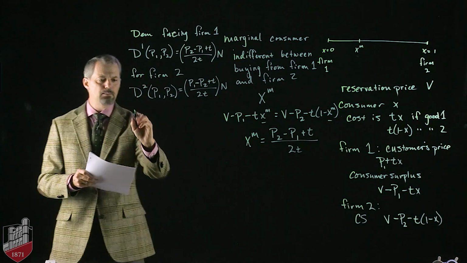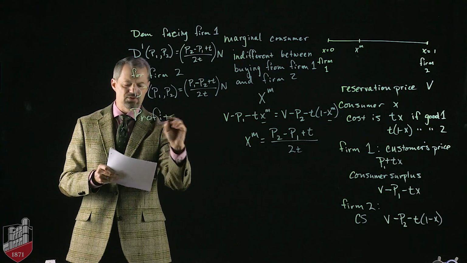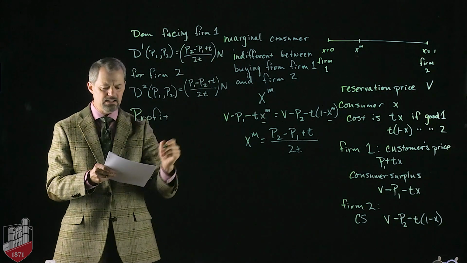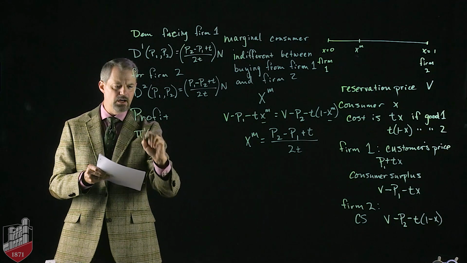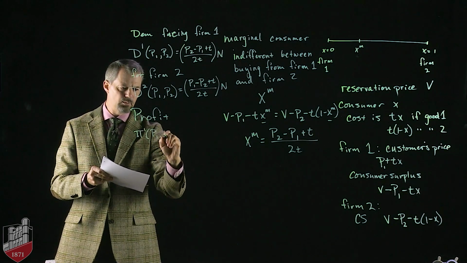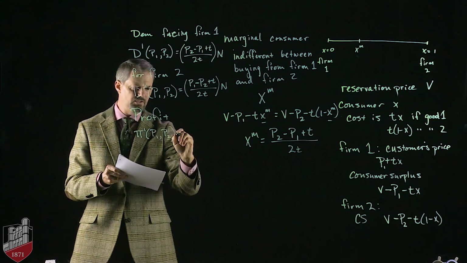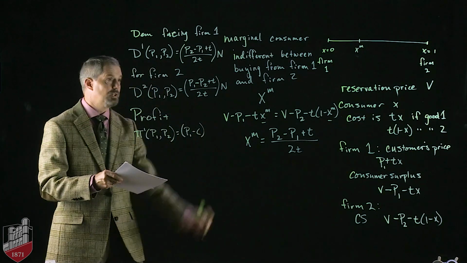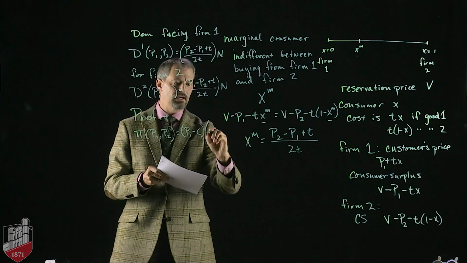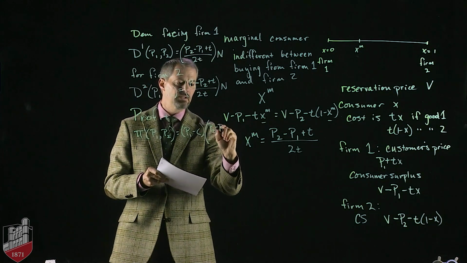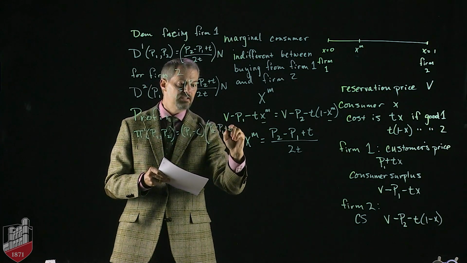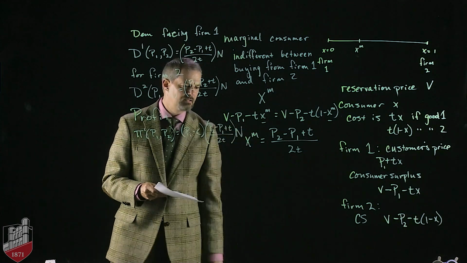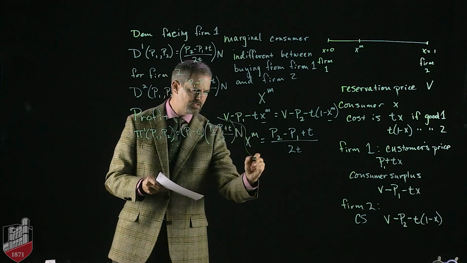We can also write profit for each firm. Profit is easy once you've got the demand curve. This is a quantity. The profit for firm 1, which of course depends on the price firm 1 chooses and the price firm 2 chooses, is equal to the difference between P1 and cost multiplied by this quantity, P2 minus P1 plus T over 2T multiplied by N. These are running together here, so I apologize for that.